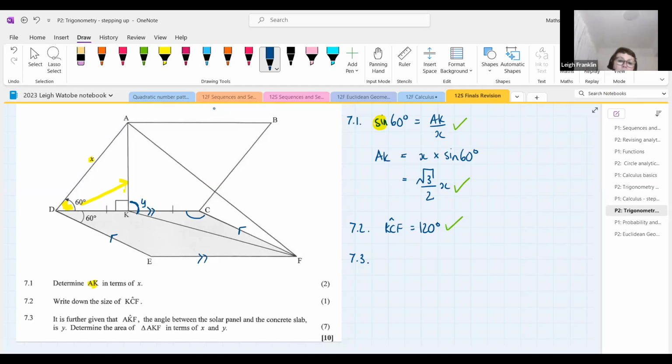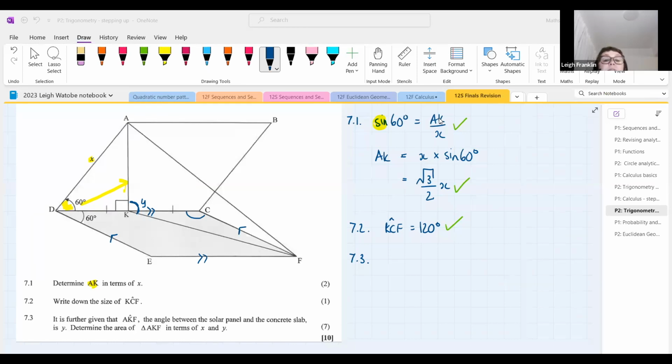Where do we start? Okay, so Katleho was saying we're going to use the sine rule.